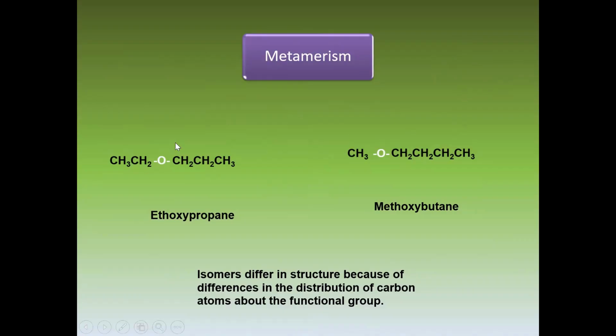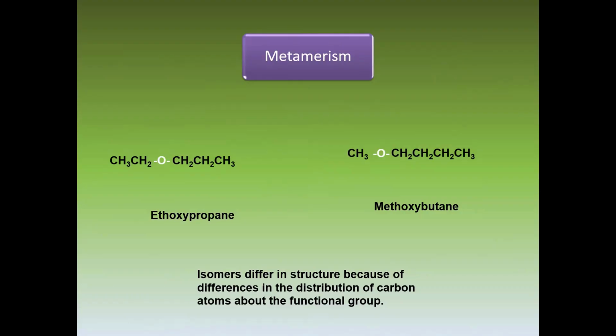What is the difference here? There are 2 carbons present on the left side and 3 on the right side, but here 4 are on the right side and 1 is on the left side. So the chain length across the functional group is different, and this type of metamerism is also shown by ketones.